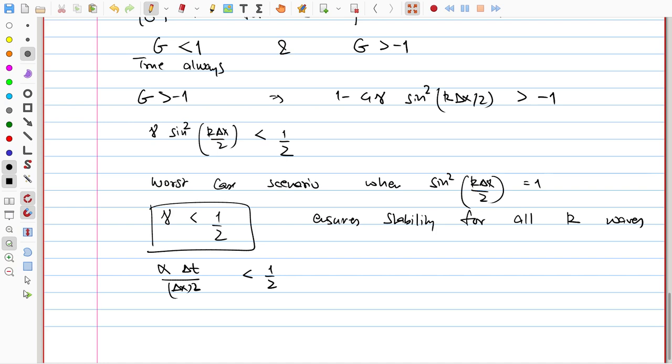Let me write that down. So, for a given delta x, there is a corresponding maximum delta t, because if you go beyond that delta t, your gamma will become greater than half.